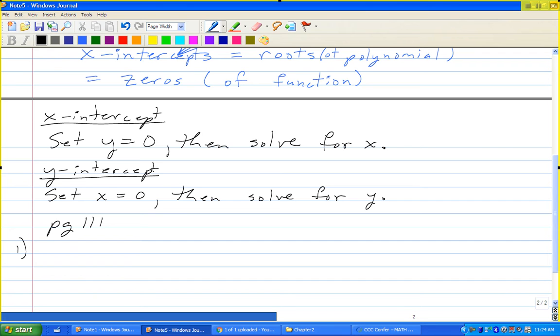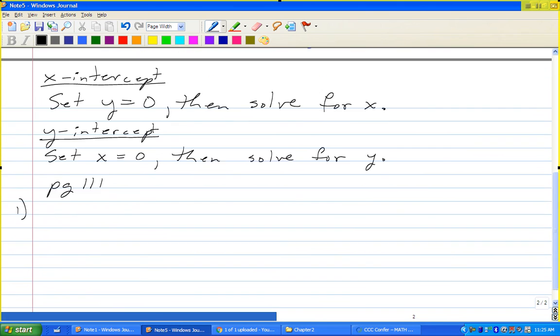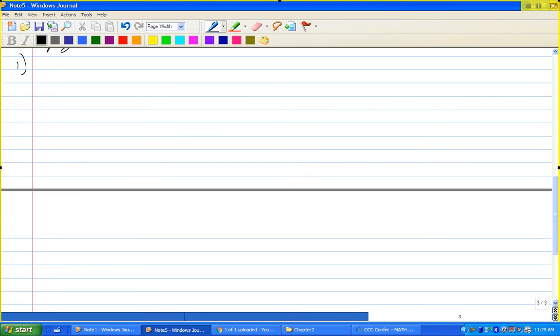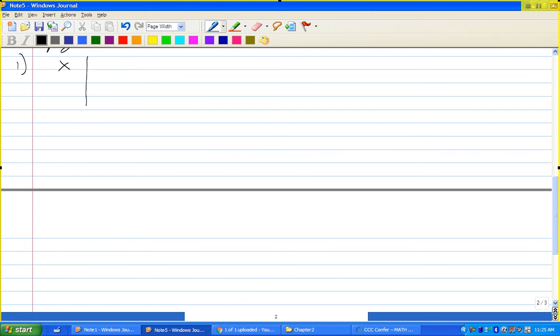In exercises 1 through 20, complete the table of x values and y values for the given equation, and draw the graph of the equation by plotting these points. So I have here x, y, 0 to 5.